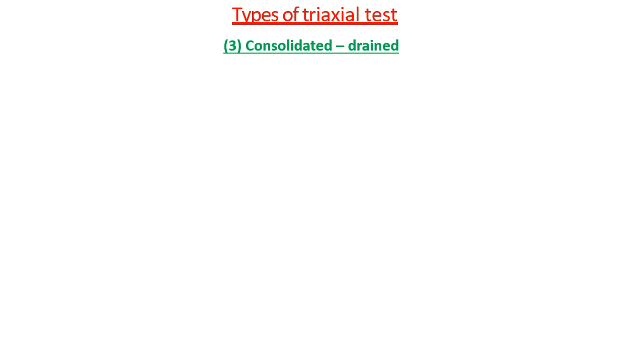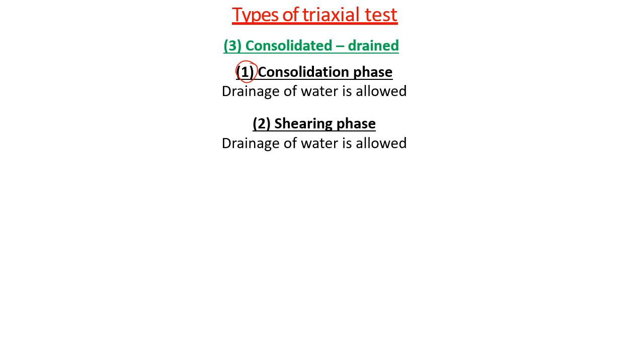The third test is a consolidated drained test, and of course in this test the valve is always open. Whether you are in the consolidation phase or you are in the shearing phase, the valve is always open and the water is allowed to get out of the sample, so no water pressure is generated. The water is totally free to move out of the soil sample, so no excess pore water pressure is generated at all, and it's equal to 0.